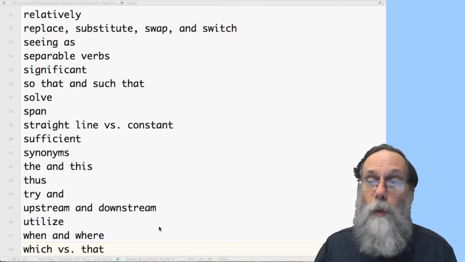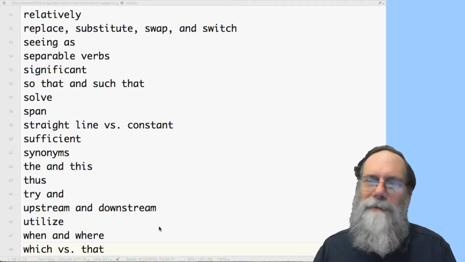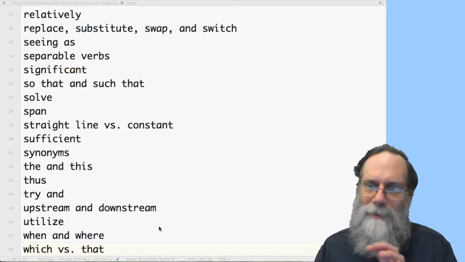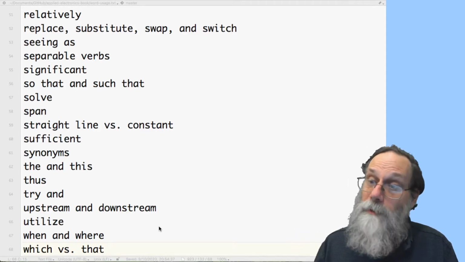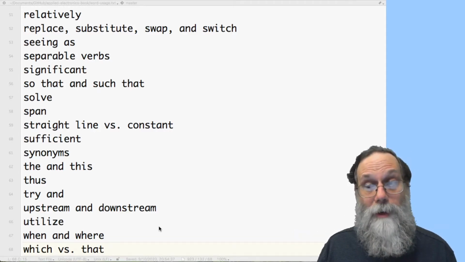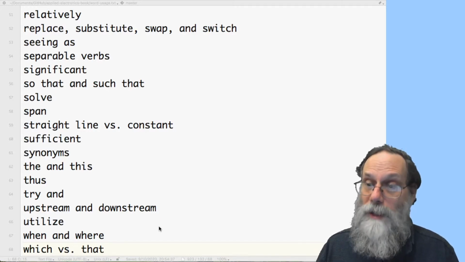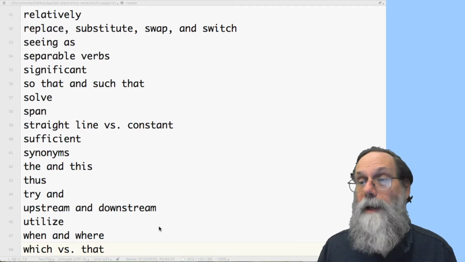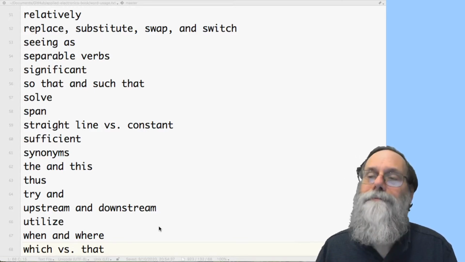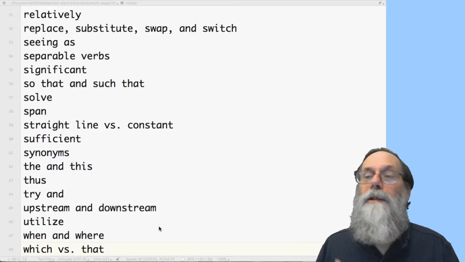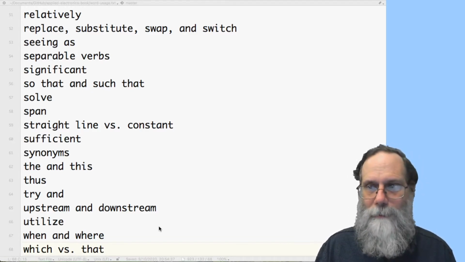If you see "which" without a comma before it, except for in certain special cases like questions and prepositions like "in which," it's probably also a problem. So take a look at all your instances of "which" and "that," and see whether or not you're using it correctly. If it's a restrictive thing, make it "that," no comma. If it's non-restrictive, make it "which" and use a comma.